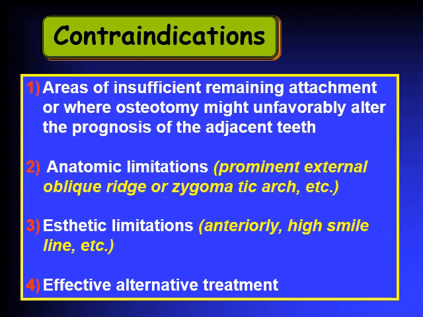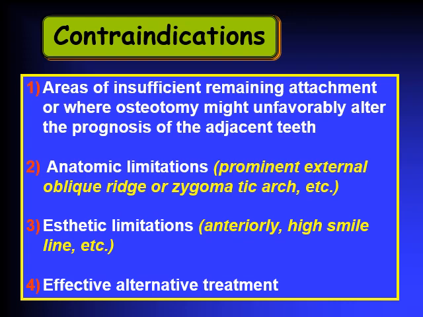The contraindications of ostectomy are areas of sufficient remaining attachment, or where osteotomy or ostectomy might unfavorably alter the prognosis of the adjacent teeth. In this situation it is contraindicated. Or anatomic limitations, such as a prominent external oblique ridge or zygomatic arch, where you can't do ostectomy.